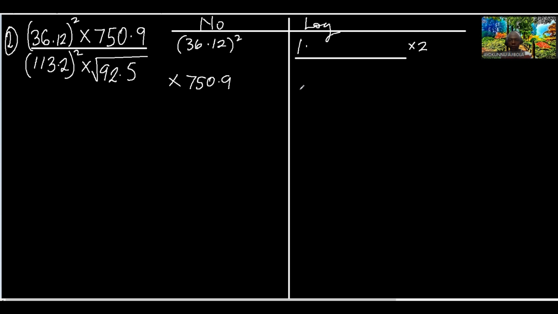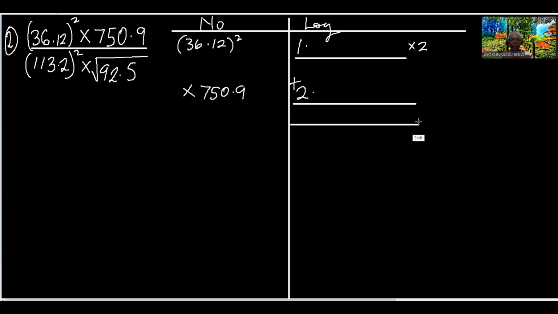So 2 point, whatever this is going to give me. I'm going to add this because of the multiplication sign. Whatever I get, I have it here. Then there will be a final result under this place.